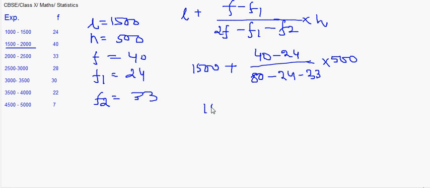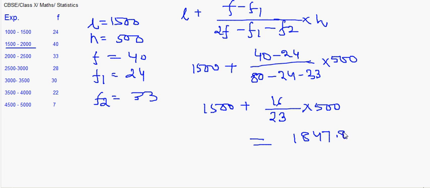Now if we calculate, I'm getting 1500 plus 16 by 23 into 500. That's giving us some 1847.862. This I think was not that difficult, except for the fact that you have to remember the formula quite clearly.